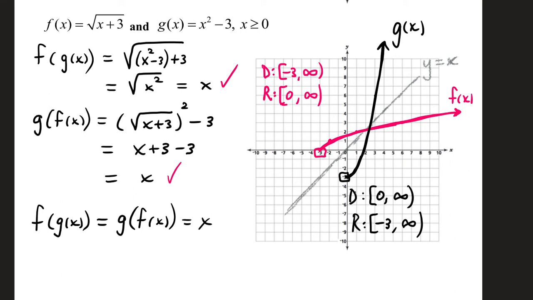But in order for g to be 1-to-1, which means each unique x has a unique y paired up with it, we can only use half of the parabola. And that's why we have this stipulation of x greater than or equal to 0, because only the right half of this parabola is 1-to-1, meaning unique x equals a unique y. You never have a repetition of an x or a y.